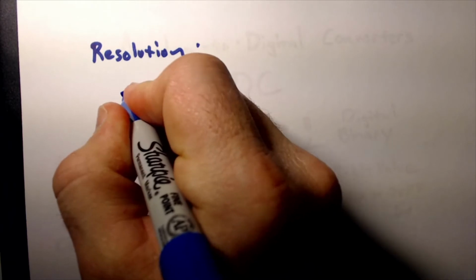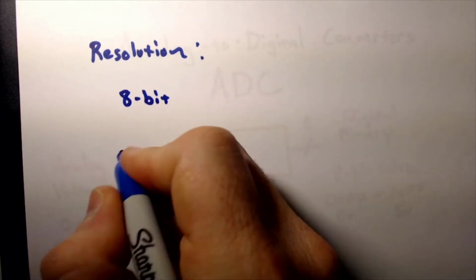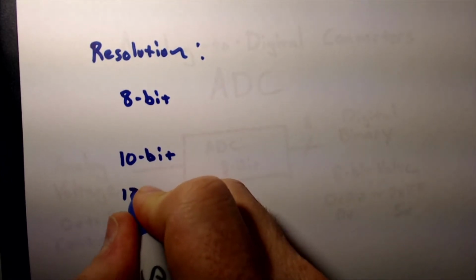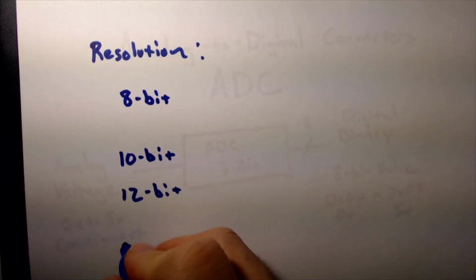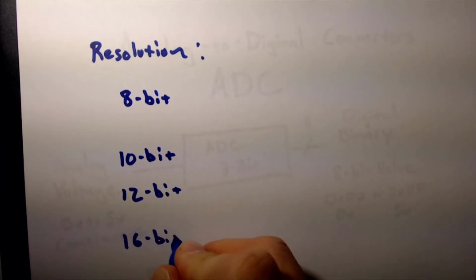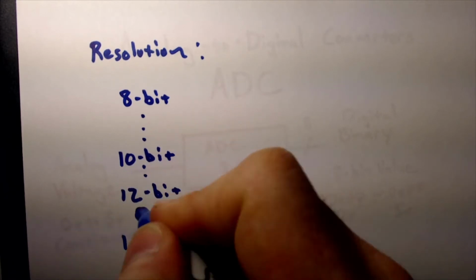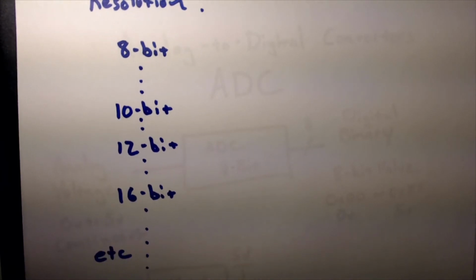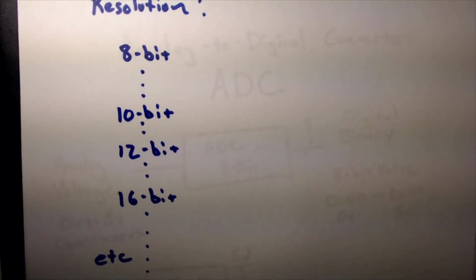When you're talking about resolution, you're going to be saying whether it's an 8-bit ADC or 10-bit or 12-bit, 16-bit, etc. The resolution tells us what the output from the analog digital converter is.